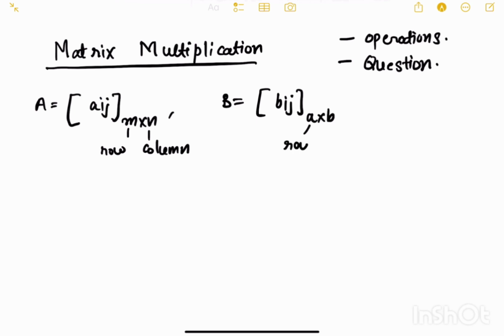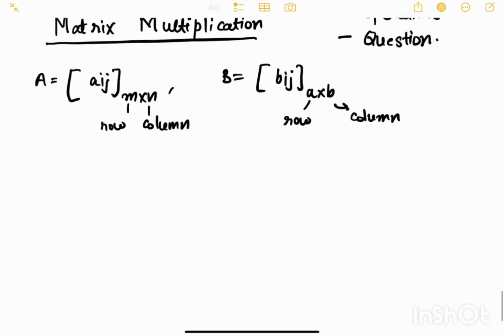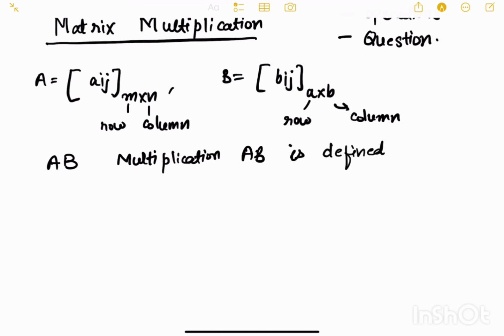This is the number of rows and this is the number of columns. Now the multiplication AB is defined if and only if my n is equal to p.